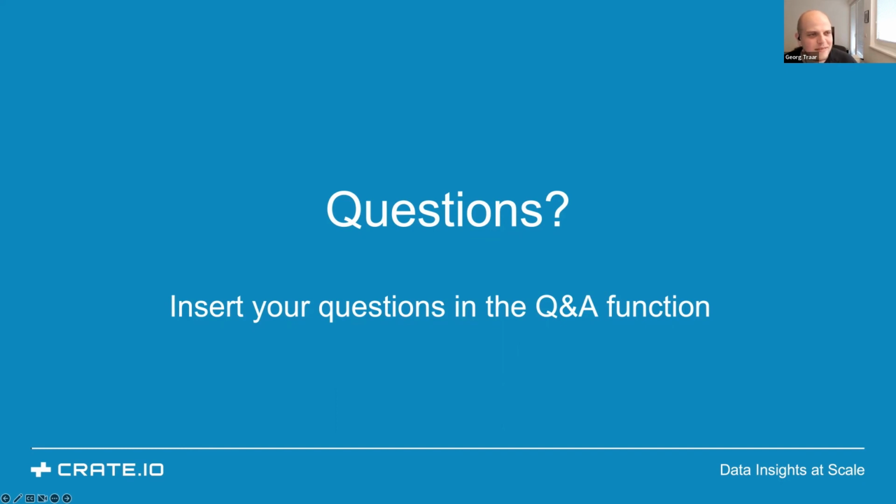Another question was, what types of data can be used with CrateDB. I mentioned it in the beginning. CrateDB has the ability to use relational data, where you basically have a strict schema with defined columns, but you're also able to use really semi-structured data. You can directly ingest JSON and query on it as you would on columns.